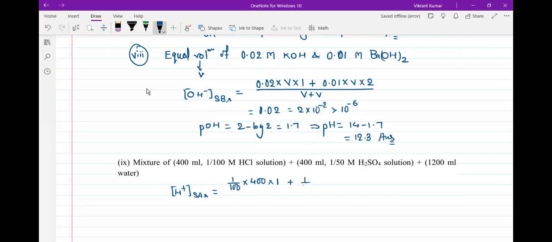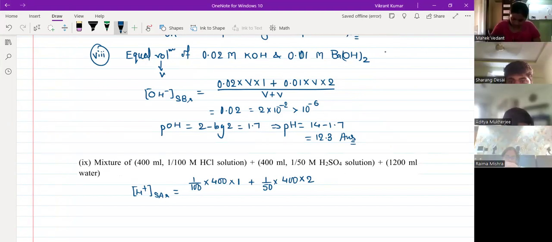Second solution, molarity is 1 by 50, volume is 400, into each H2SO4 is going to give you 2 H plus. Water we are not taking, because once we decide from strong acids what the concentration of H plus is, then we'll take a call whether to consider water's H plus or not.